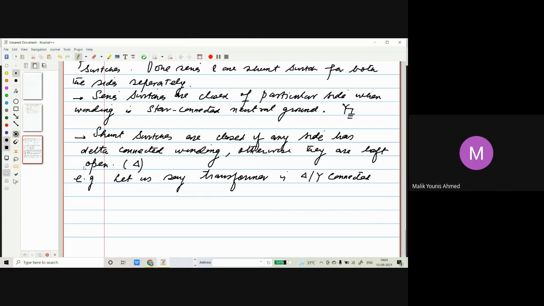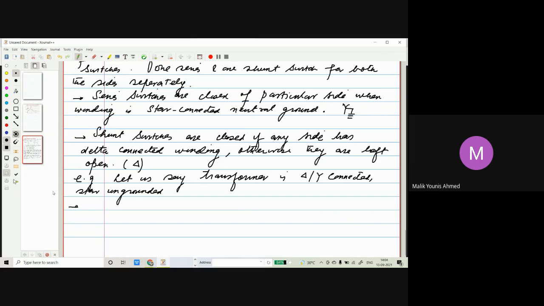Okay. So star ungrounded. Star is not grounded. Just like this, we don't have ground here, it is left open. So what will happen here? Primary is delta connected. When the winding is delta connected, which type of switch will get closed? Shunt switches get closed.